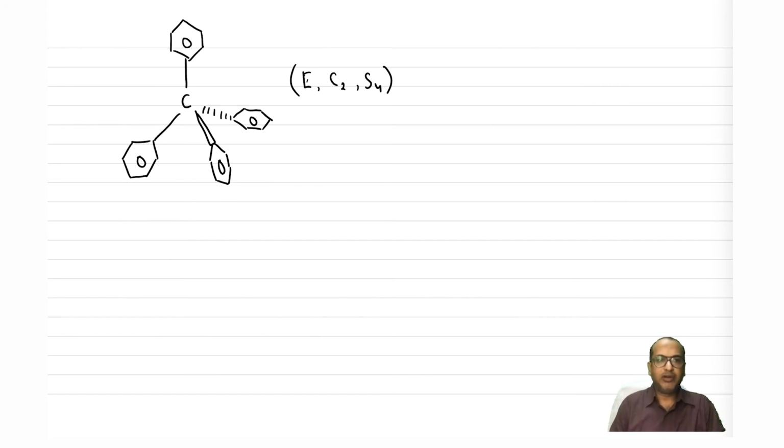So we have covered single axis, non-rotational, dihedral, and S2n, and the last category of point groups is called cubic point groups.